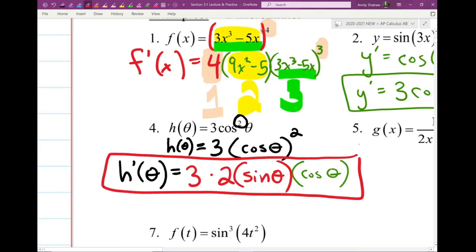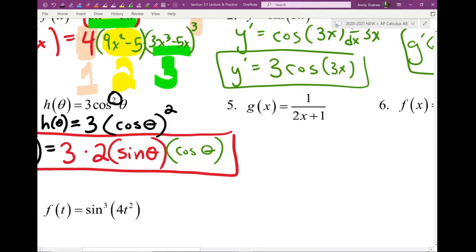Okay? Now, for step 5, we have g of x equals 1 over 2x plus 1. And I have 2 different ways that I could do this. I could do this using the quotient rule. And for practice, it might be a good idea that you practice that.